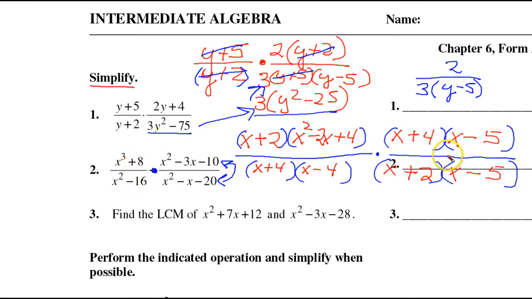And now you're looking for common factors that you can cancel out as a 1. This over itself is a 1. This over itself is a 1. This over itself is a 1. So your final answer then will be this over this.